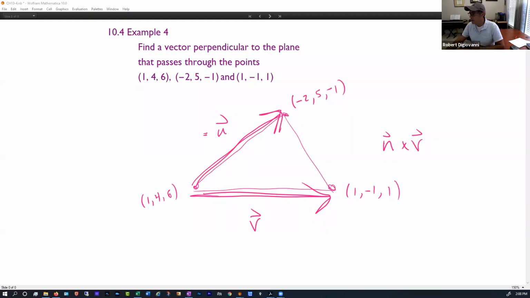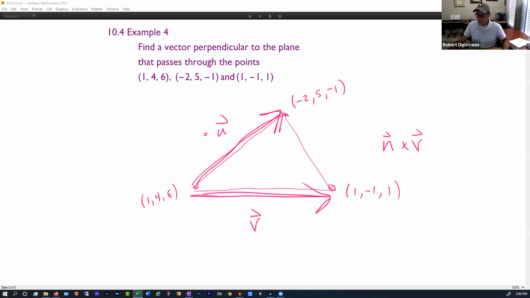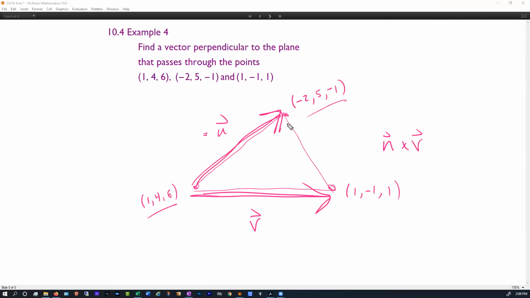Let me call on somebody, because we're at the point where people should know how to do this. How about Damien? Is Damien here? Yeah. Okay, Damien, can you tell me what the vector u would be? It's the vector going from this point to this point, so you just subtract them, right?